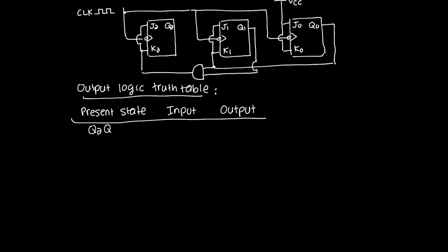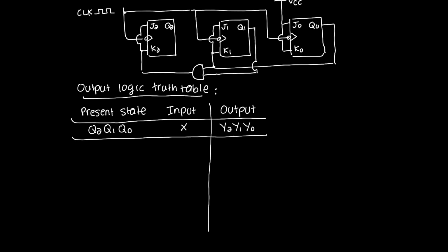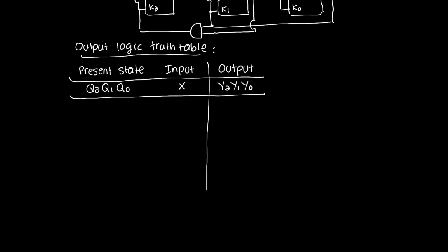So my present states are indicated by Q2, Q1, Q0, and my input is indicated by X, and I have 3 outputs, 3 bits that I'm going to call Y2, Y1, Y0. And the purpose of this truth table is to determine what they are.